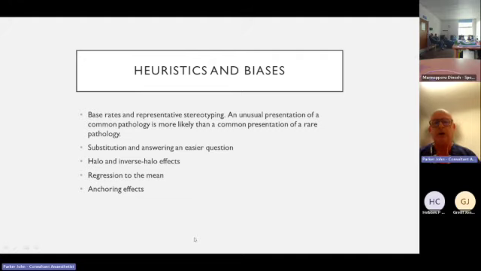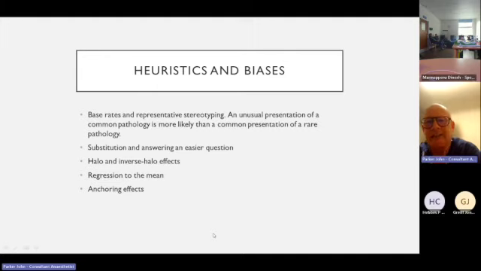Our brains, our system 2, inherently want to simplify the world around us and answer a simpler question to the question that's asked. For example, the patient with septic shock coming into ITU: will this patient benefit from ITU? We might simplify that to, will their blood pressure go up with noradrenaline?